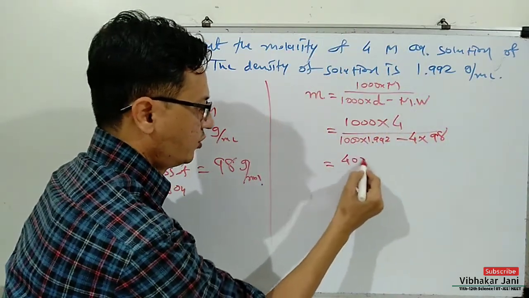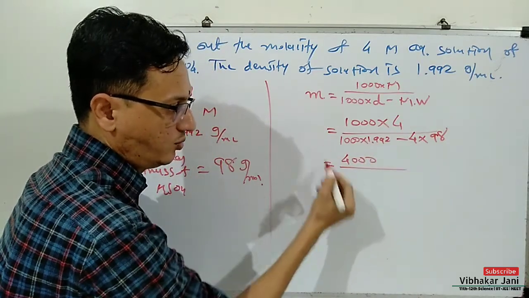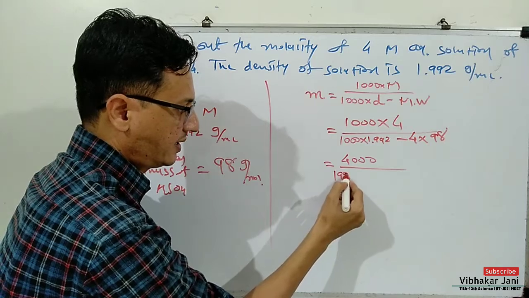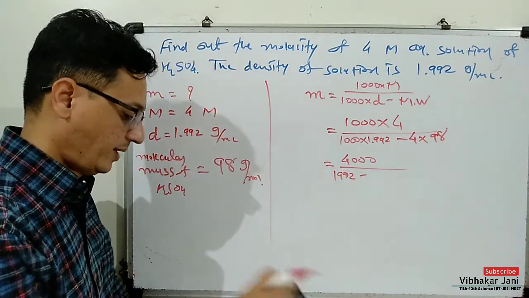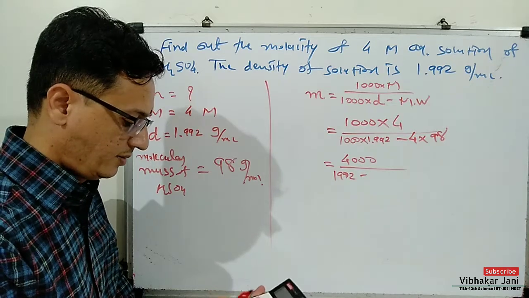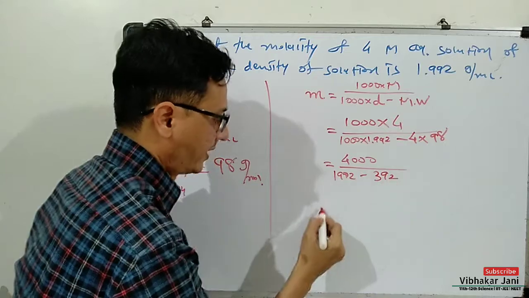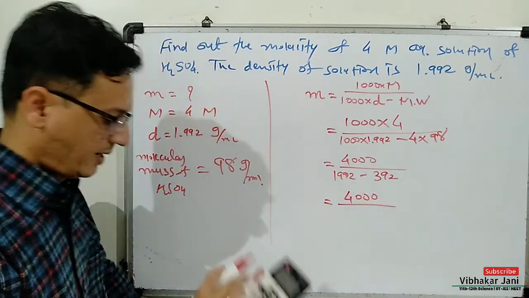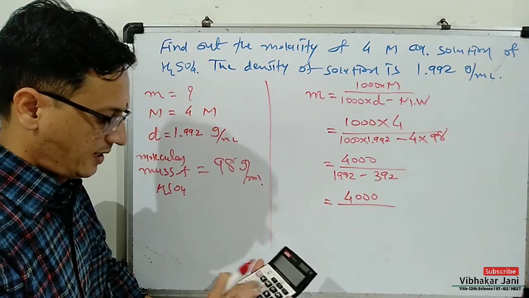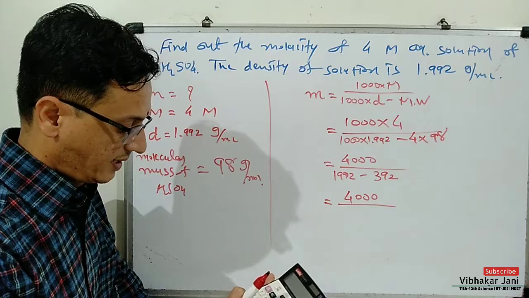Now this is 4000 divided by 1.992 multiplied by 1000 means 1992 minus 98 multiplied by 4. 98 multiplied by 4 will give us 392. So let us simplify this. 4000 divided by 1992 minus 392.